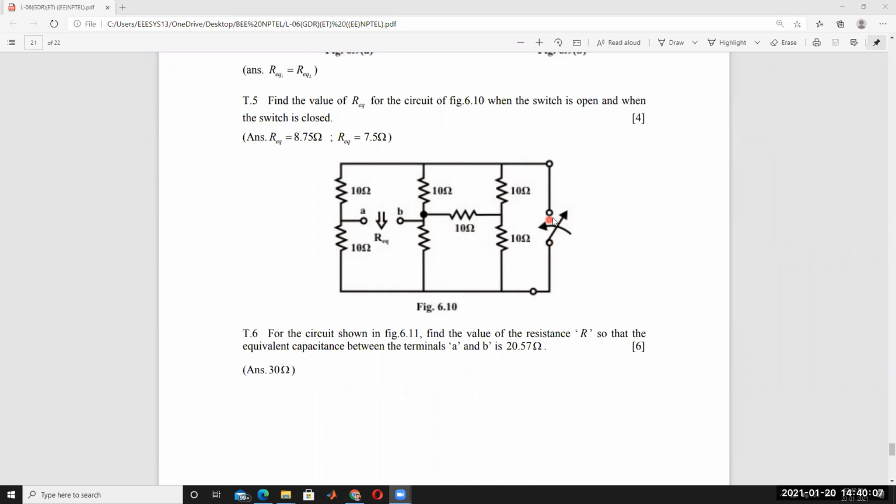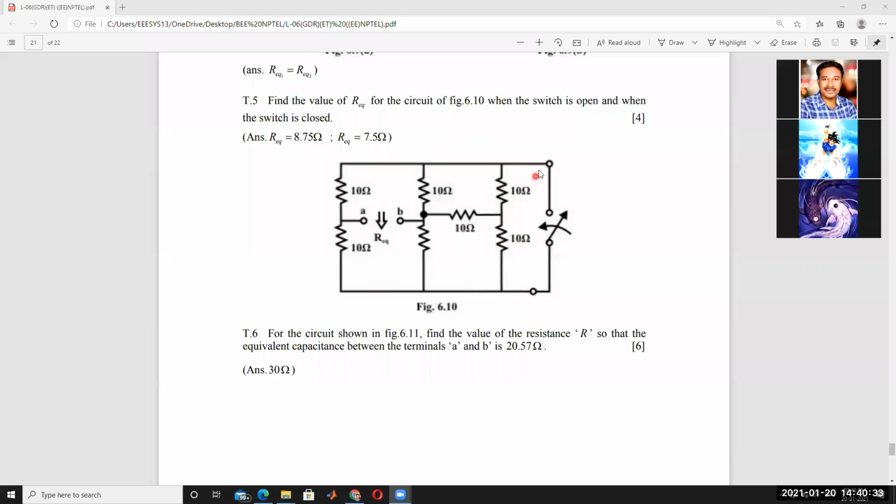Once the switch is closed, there is nothing in between; they're directly connected. That means this 10 ohm resistor and this 10 ohm resistor are directly connected here, and this also is connected to here. That means this resistance and this resistance, this resistance and this resistance, become parallel.